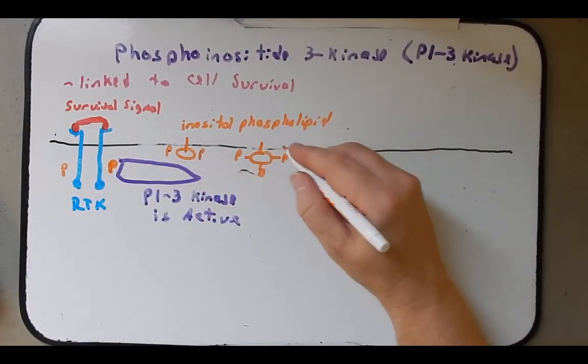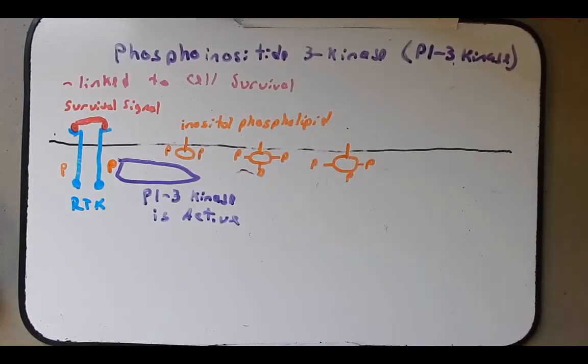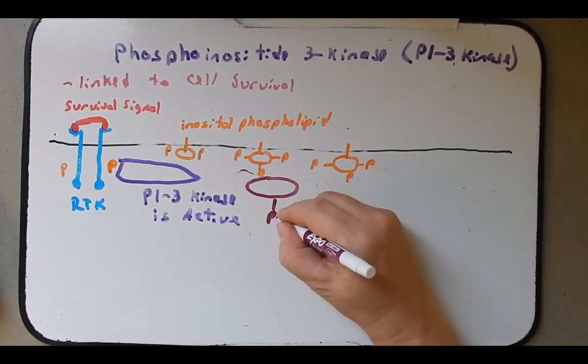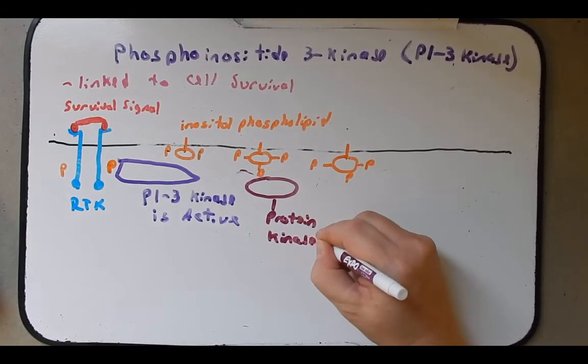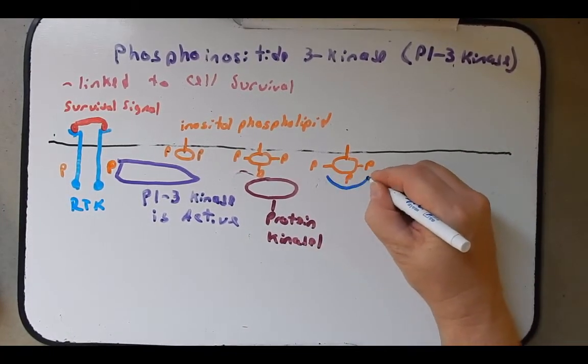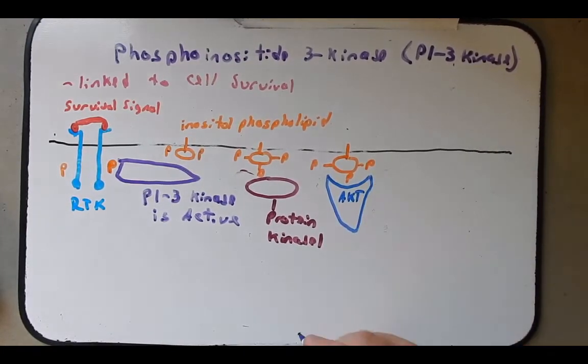So this inositol phospholipid now recruits two kinase proteins. The first one I'm just going to call, as your book calls it, protein kinase 1. This other one is a pretty famous kinase, and it's called AKT kinase.